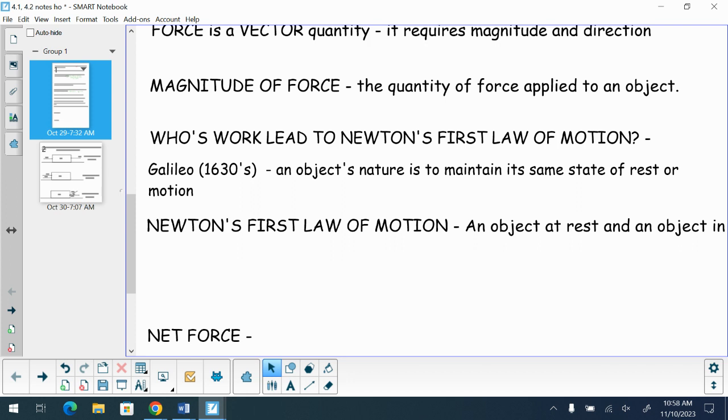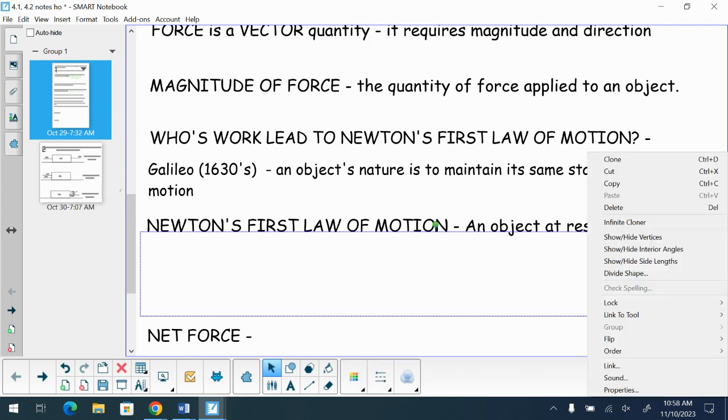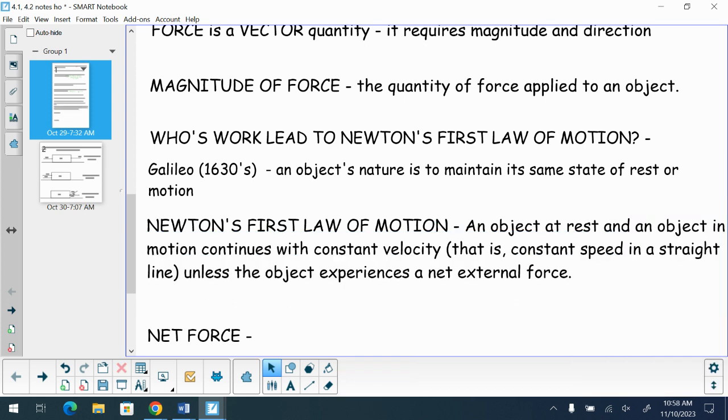Well, that led to Newton's first law of motion. An object at rest and an object in motion continue in constant velocity, that means constant speed in a straight line, unless the object experiences a net external force.